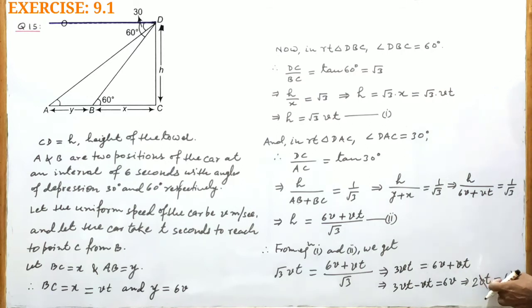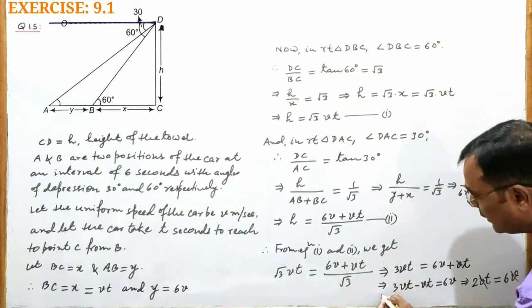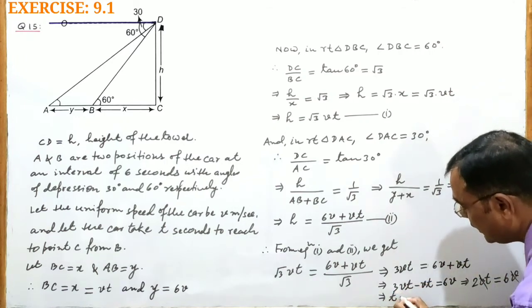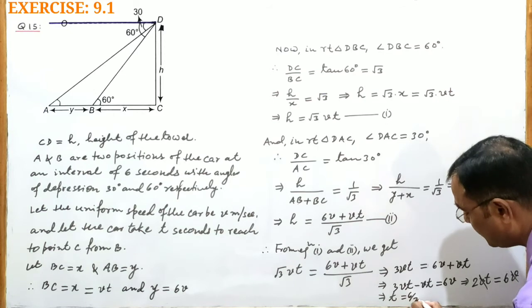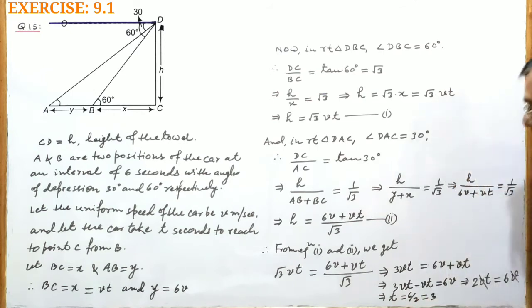So 2 into T equal to 6. So this implies T equal to 6 by 2, that is 3. And T is the time taken by the car to reach the foot of the tower C from the point B. So this is the required time taken by the car, 3 seconds.